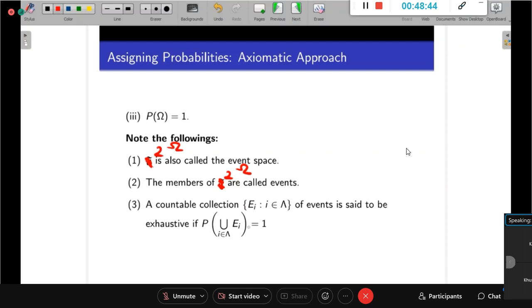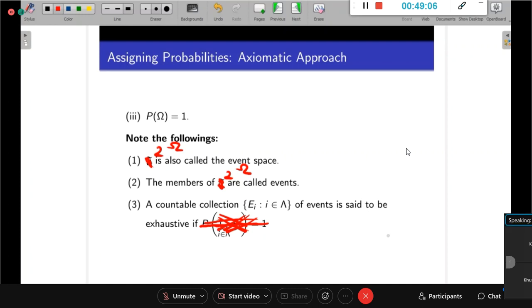Now, a countable collection of events is said to be exhaustive. I should not write the formal definition here because we are not familiar with that theory. So we say a countable collection is exhaustive if their union is the whole sample space.